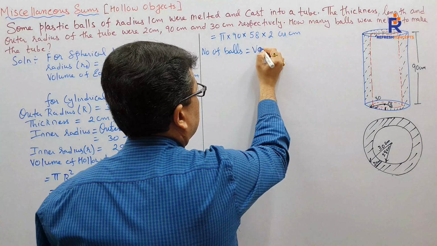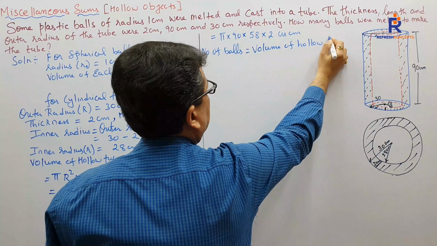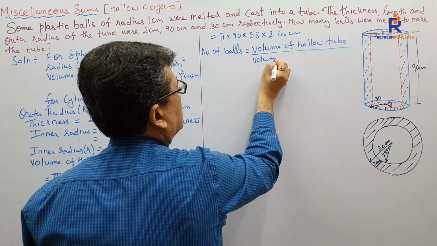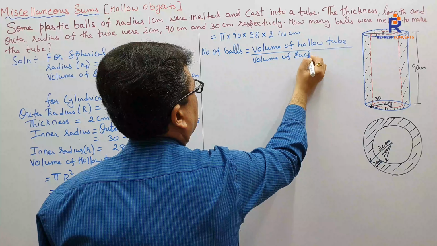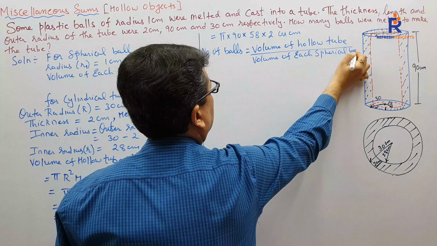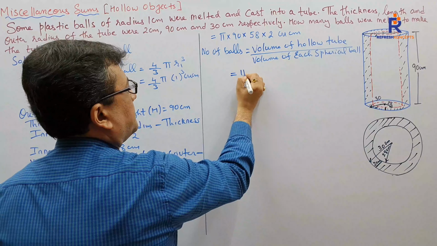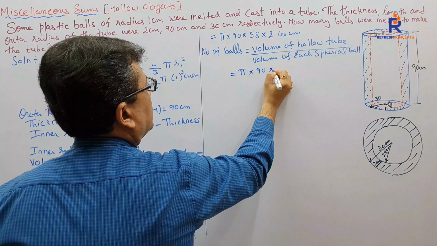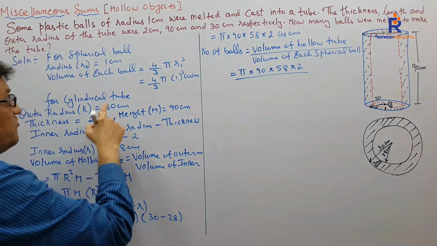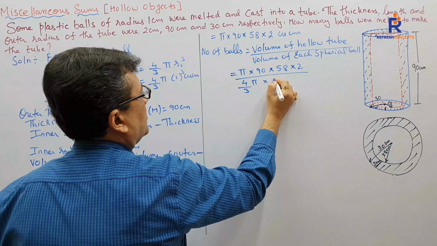So volume of hollow tube upon volume of each spherical ball. What is the volume of the hollow tube? Pi into 90 into 58 into 2 upon 4 by 3 pi into 1 cube, which is 1.